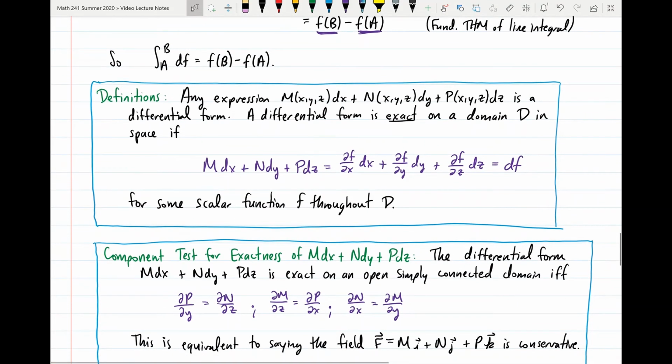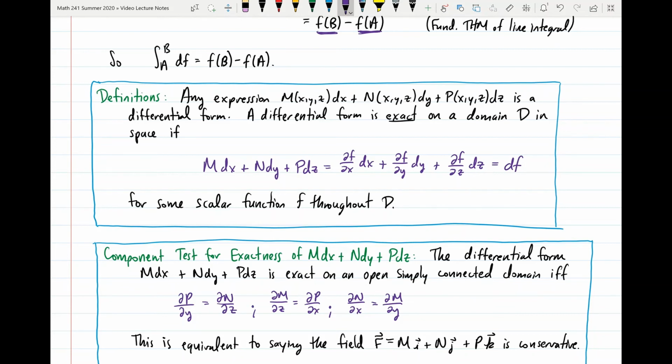Okay, and this leads us to our first definition for this section on exact differential forms. So any expression that looks like m of x, y, z dx plus n of x, y, z dy plus p of x, y, z dz is called a differential form. We talked about this in section 16.2.